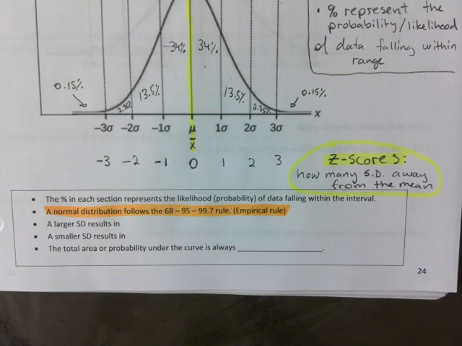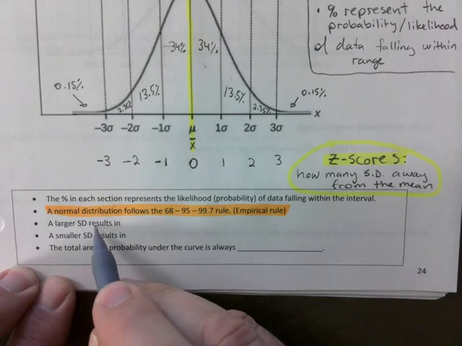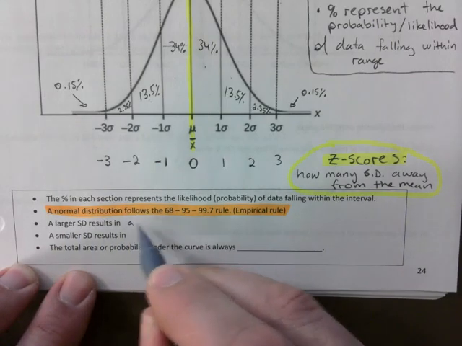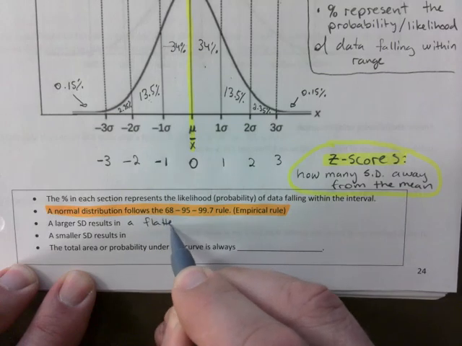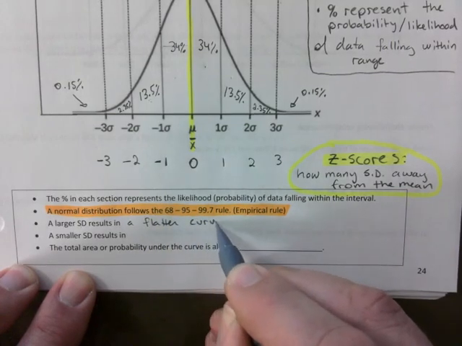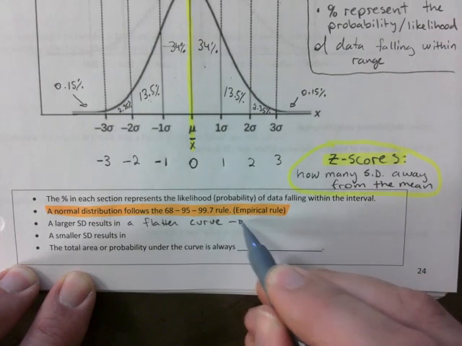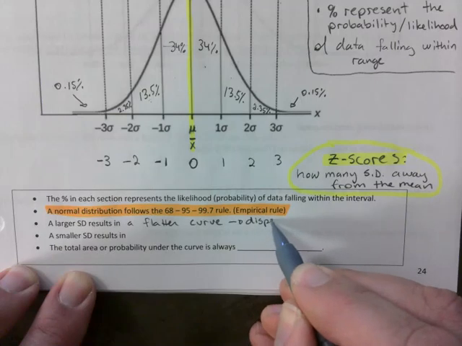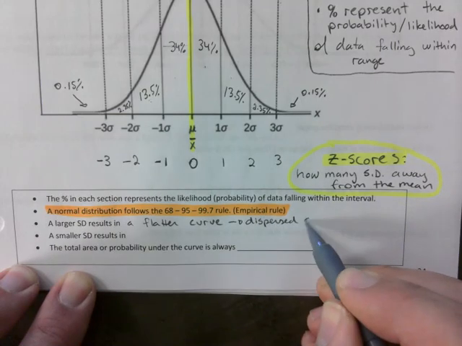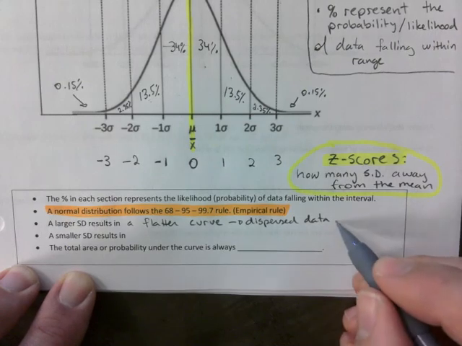Just in nature in general, it follows the 68, 95, 99.7 rule. A larger standard deviation results in a flatter curve. It's more dispersed. Dispersed data. Inconsistent.